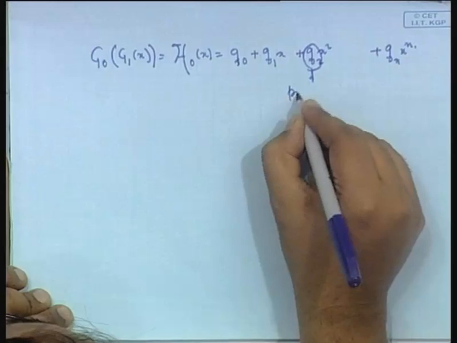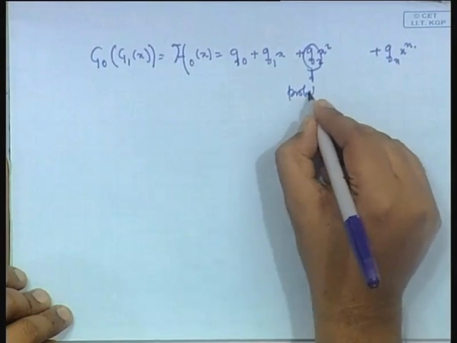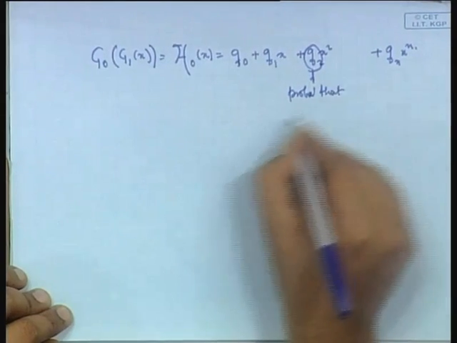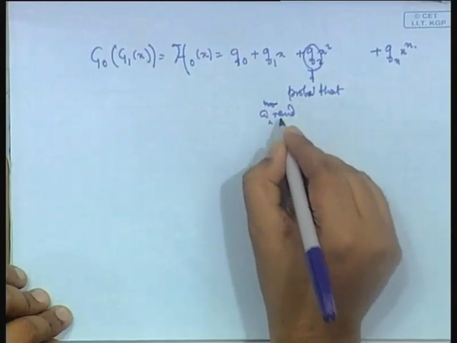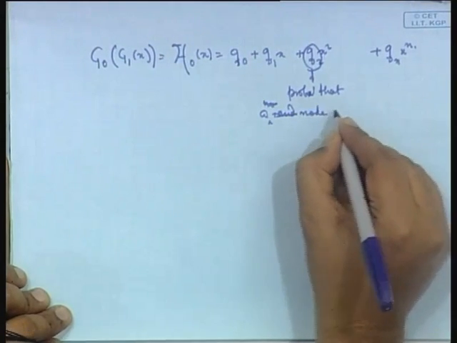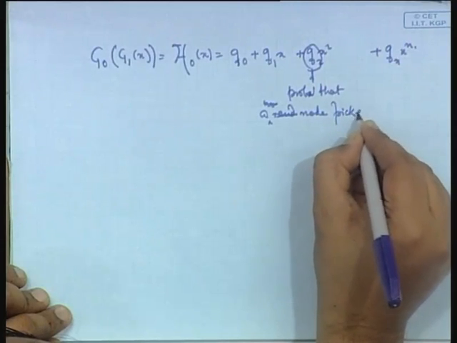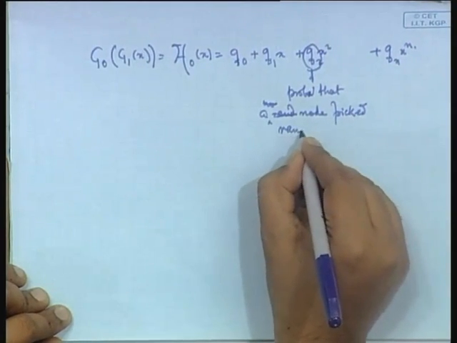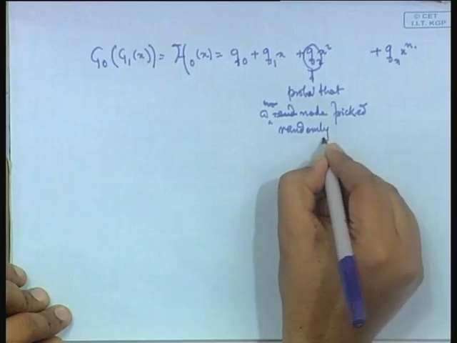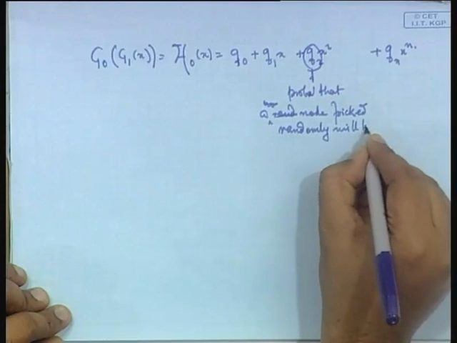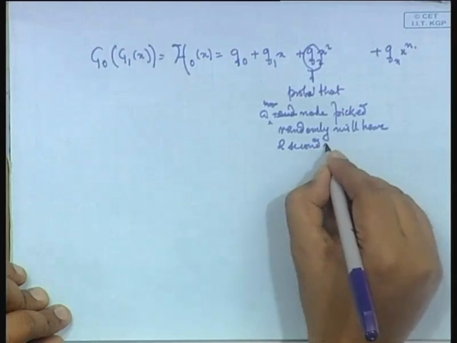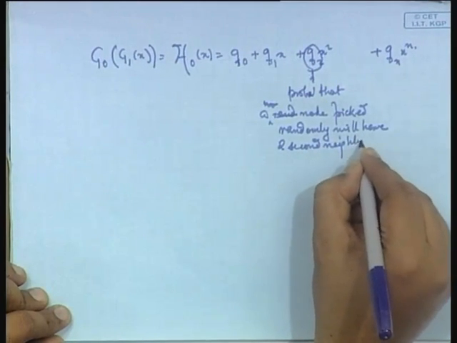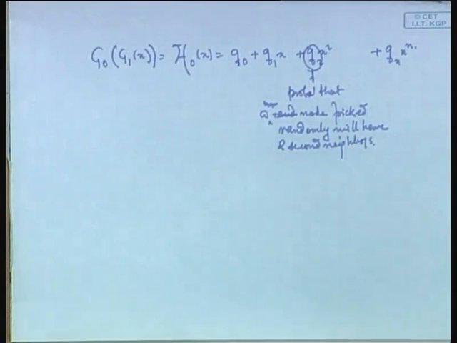What is the probability that a node picked randomly will have 2 second neighbors?